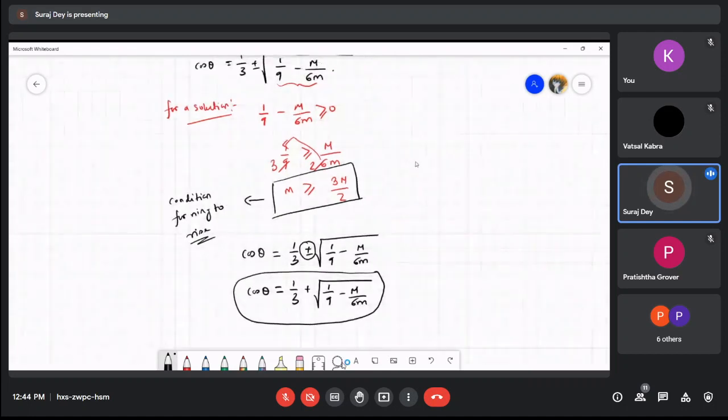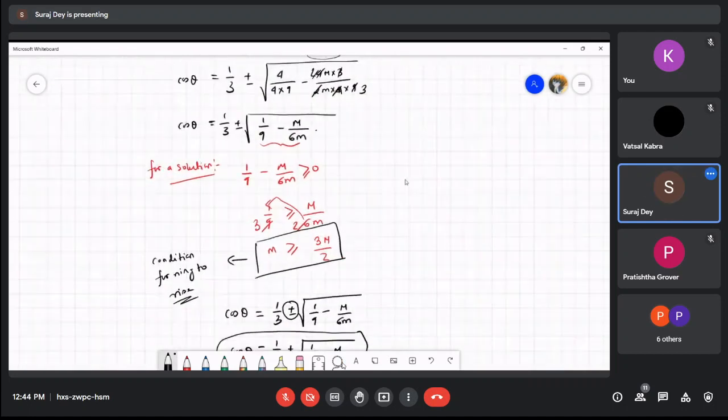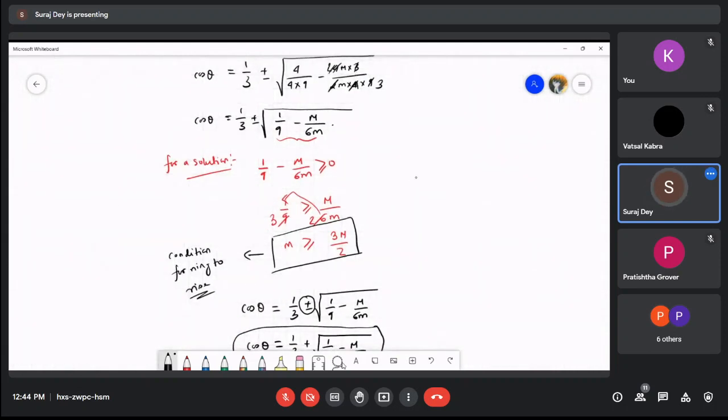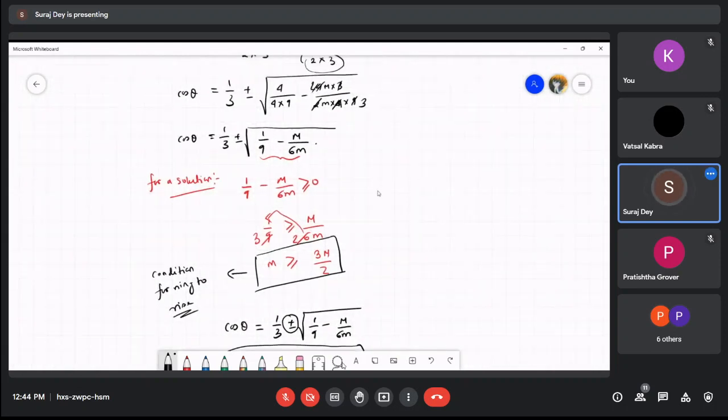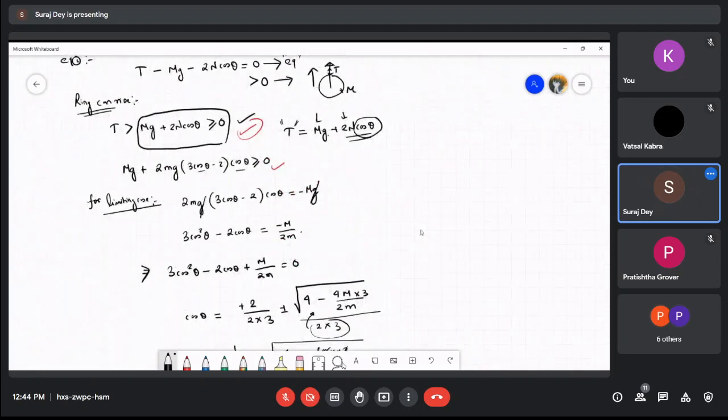There is another thing you can look at, and that is, if you look at the limiting case, okay.